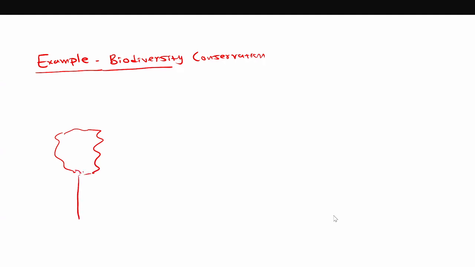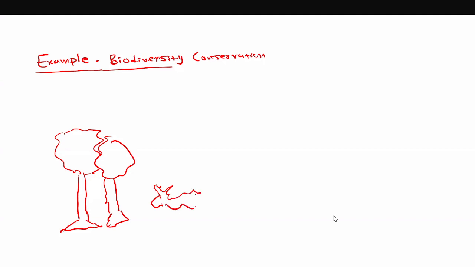So if you consider an example from science, say a subject like biodiversity conservation, some of the biology students will learn these kinds of things. This is an important area, even in Sri Lanka. The biodiversity, starting from the trees, the forest, the ecological components, and then we have the various animals.